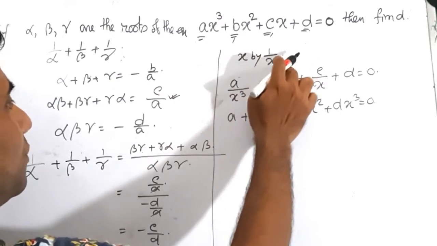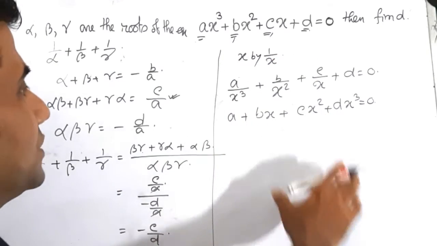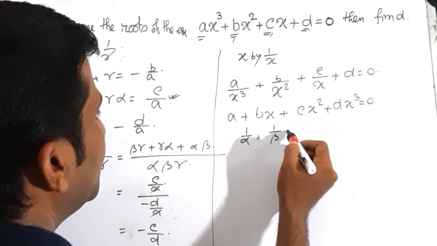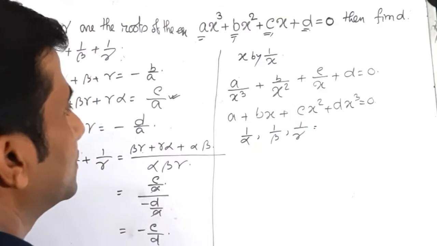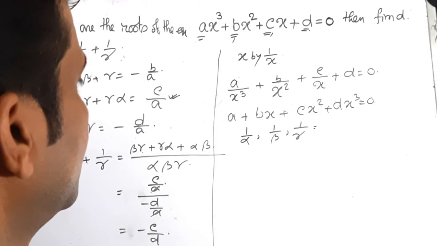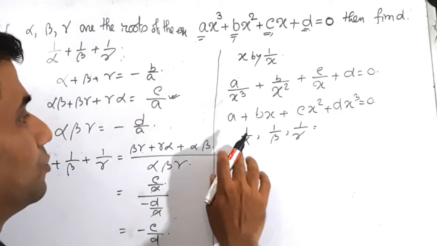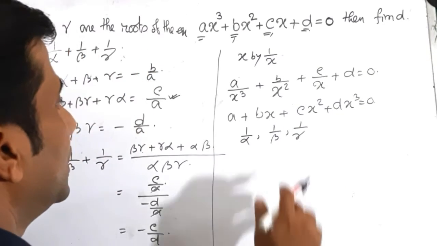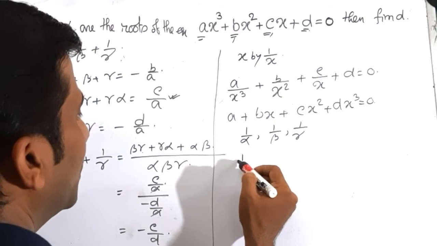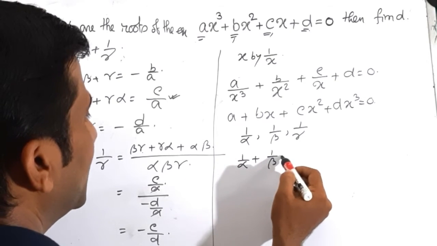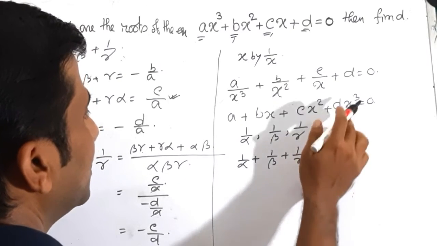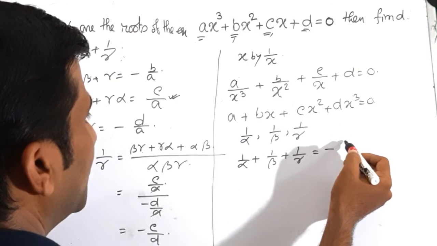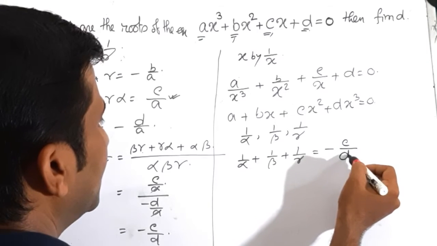Substituting x by 1 by x in this cubic equation, you get the roots are 1 by alpha, 1 by beta, 1 by gamma. Then you know the sum of the roots, 1 by alpha plus 1 by beta plus 1 by gamma, means minus c by d.